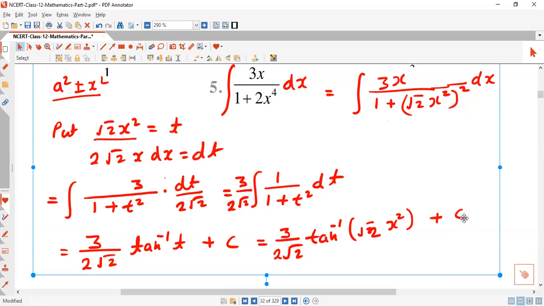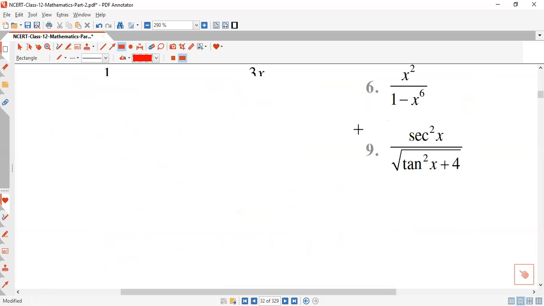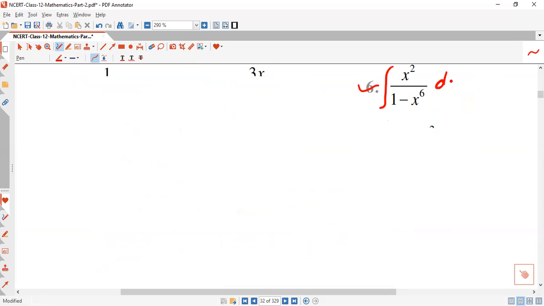Now we do question number 6. Again, we are interested in finding the integration of this part. In the denominator we have x raised to 6 and in the numerator we have x square.